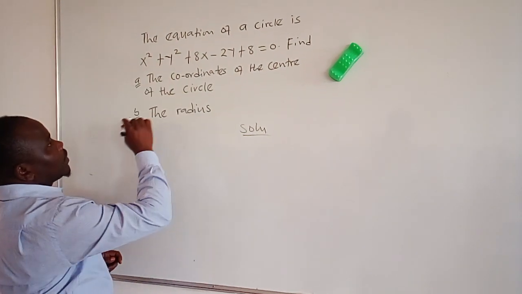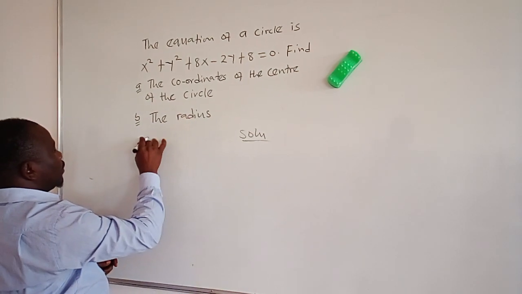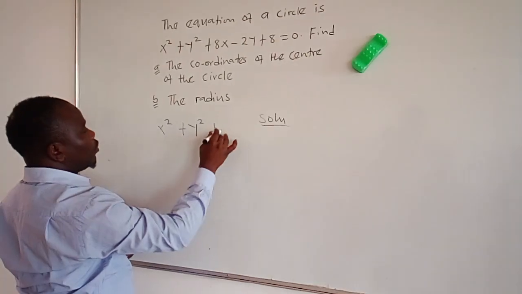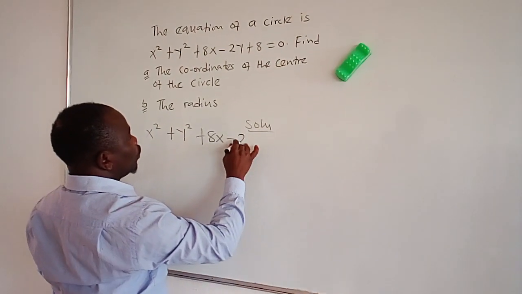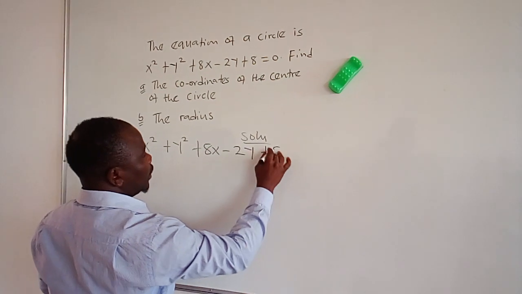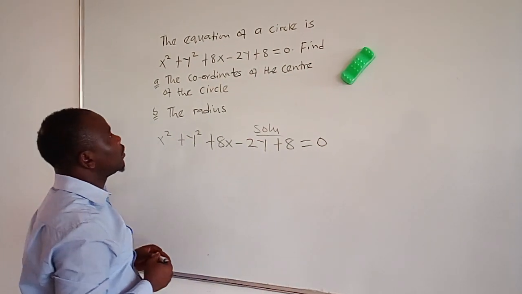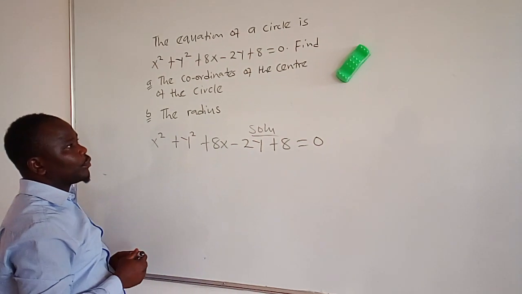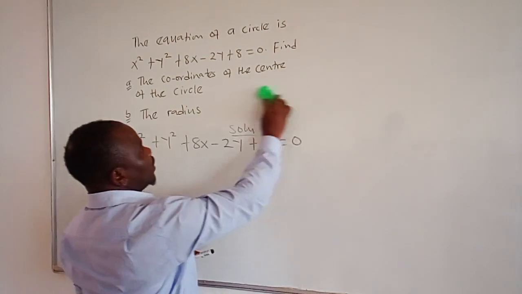We know that the equation of the circle is given as x squared plus y squared plus 8x minus 2y plus 8 equals 0. So if you agree with me, let me just do a rough sketch.